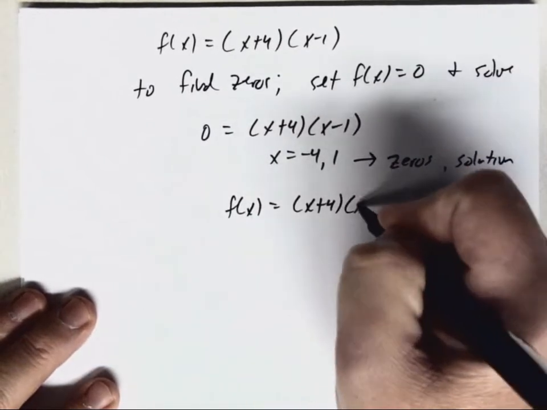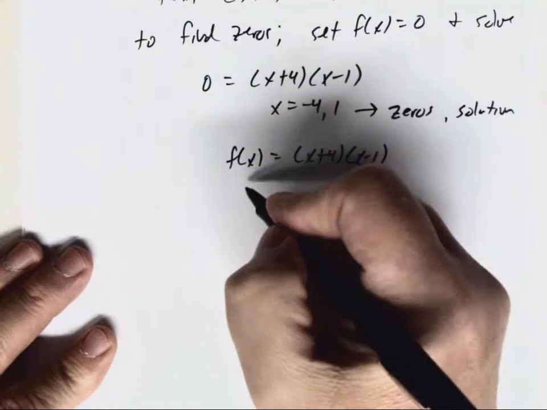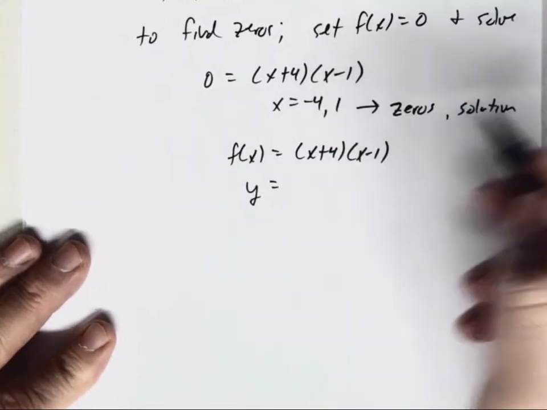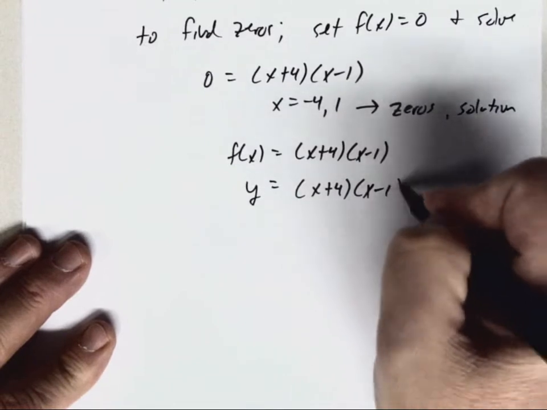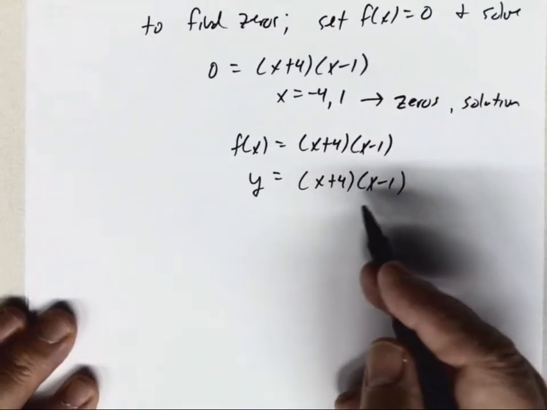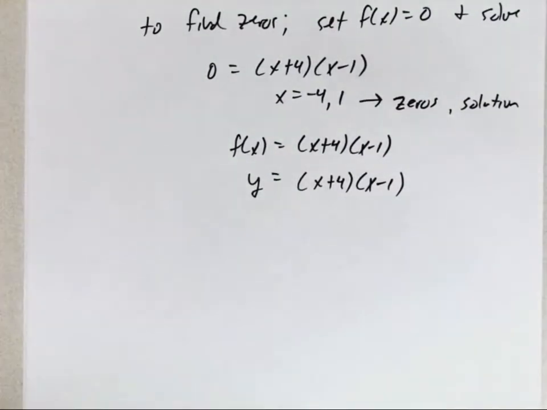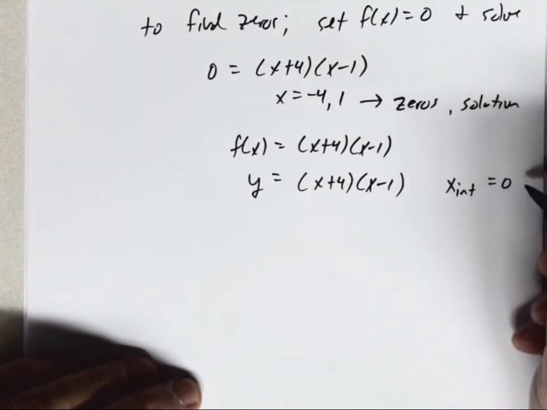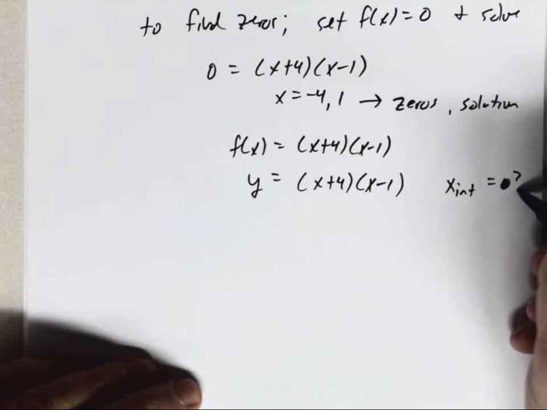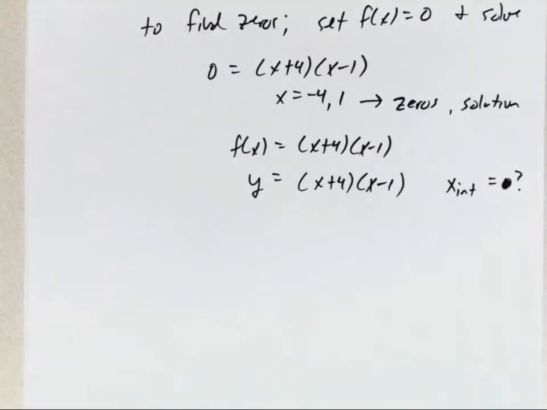Let me rewrite our original function, and just for fun, let me replace f of x with y. Now say I gave you this equation and said find the x-intercepts. Thinking back to what we just talked about, how would we find the x-intercepts?